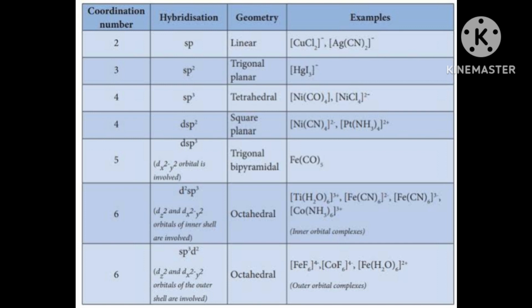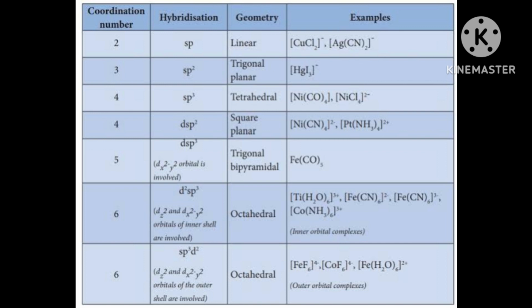Now out of 5 d orbitals, one is filled, and the other 4 have a single electron. That is called unpaired. And 4s is vacant, and 4p has 3 orbitals, px, py, pz, all vacant.